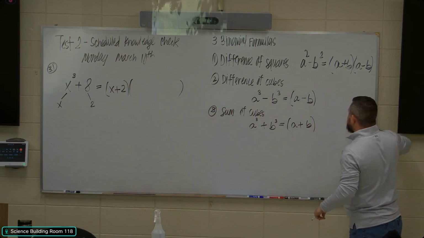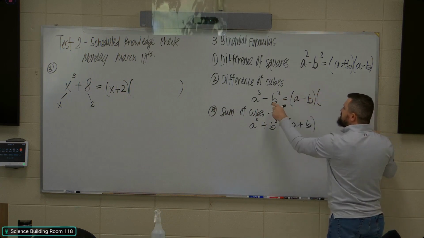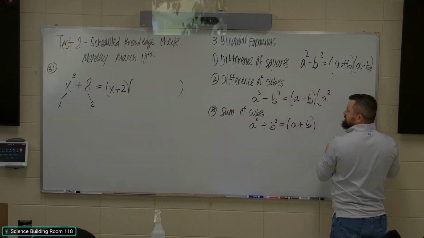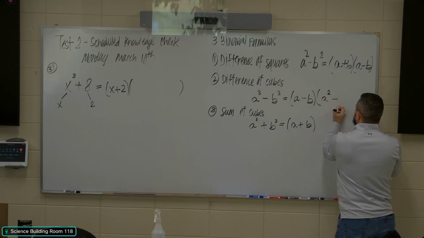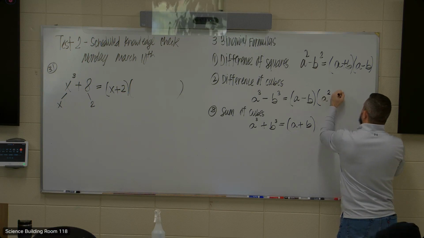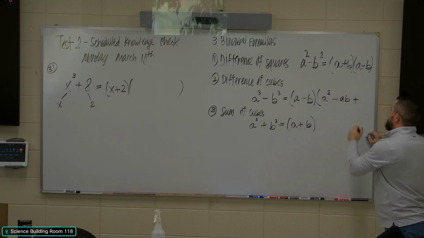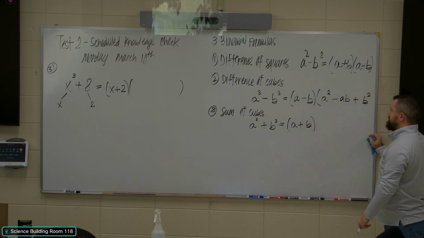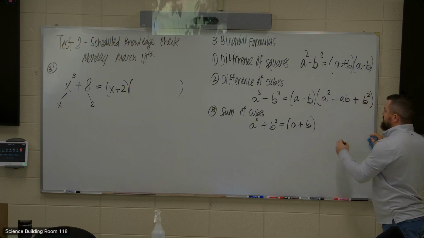So once you've taken the roots, you're going to then use that root and you're going to square it. You're going to multiply them together and you're going to square the other root. And you're done.